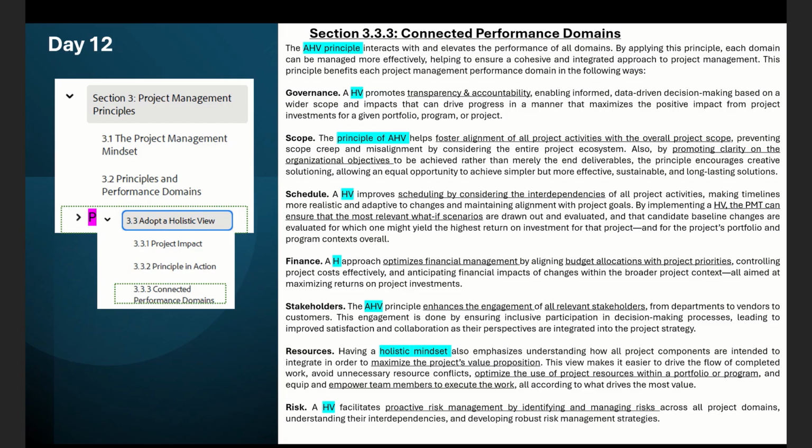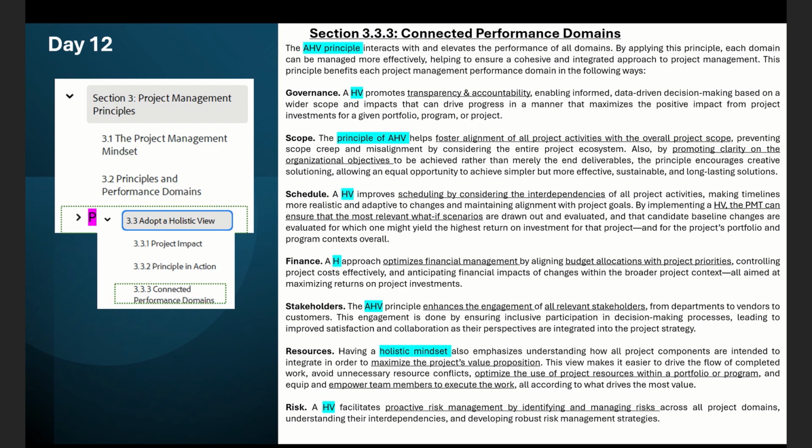Scope fosters and aligns all the project activities with the overall project scope. Schedule considers interdependencies. Finance optimizes financial management. Stakeholders enhances the engagement with all relevant stakeholders. Resources uses a holistic mindset in order to maximize project value. And finally, risk facilitates project risk management by identifying and managing risks.